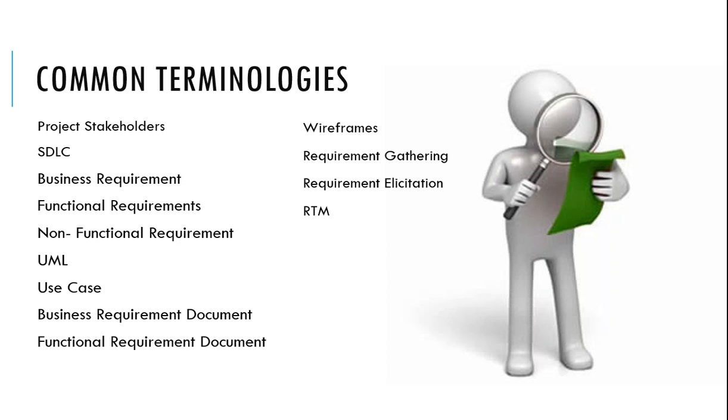Business requirement. Business requirement is a typical, let's just say, one-line requirement which comes from the business. Let me give you an example. Say, for example, that you have a mobile, and let's say you use a Samsung mobile, and when you switch on the mobile, you have the option to see all the apps that are loaded on your screen.